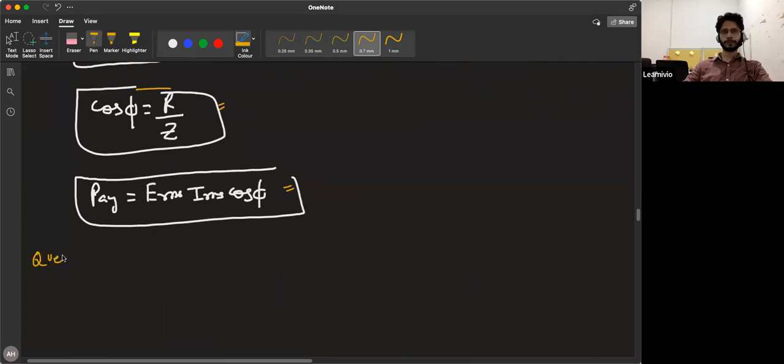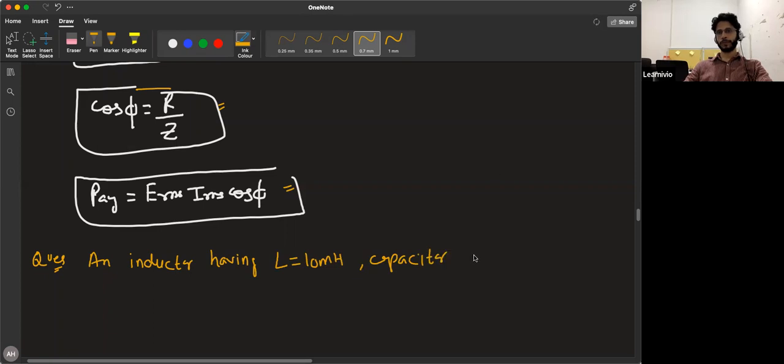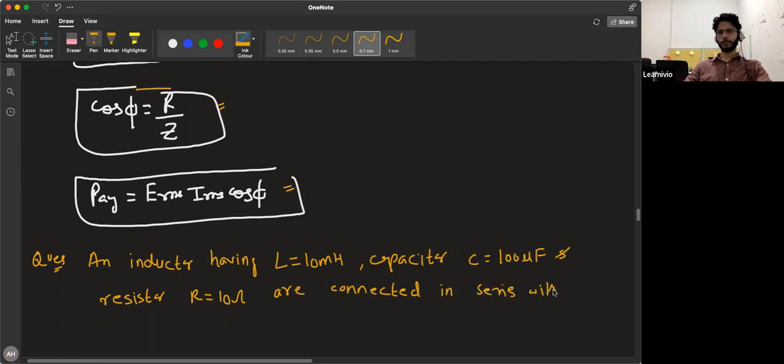So the question says, an inductor having L equal to, let's say, 10 millihenry, capacitor C is equal to some 100 microfarad, and resistor having R is equal to 10 ohm are connected in series with this supply. E is equal to 20 sine 340.